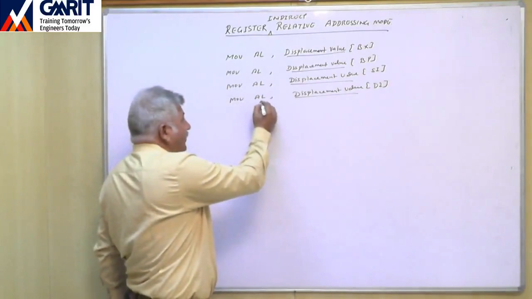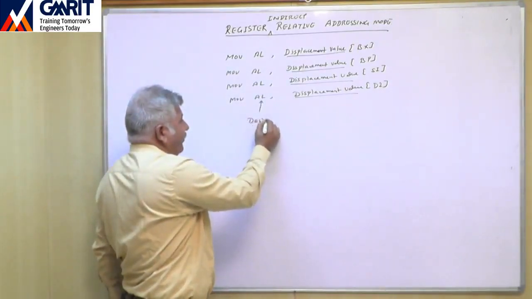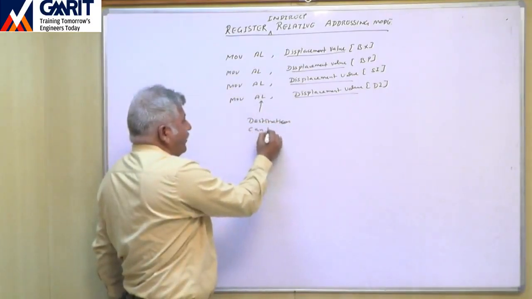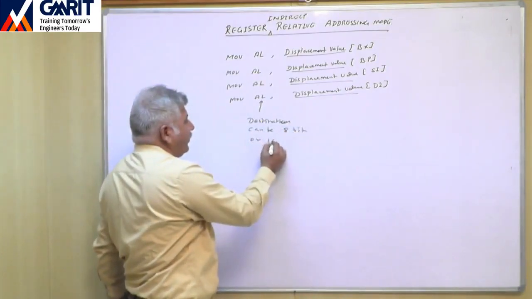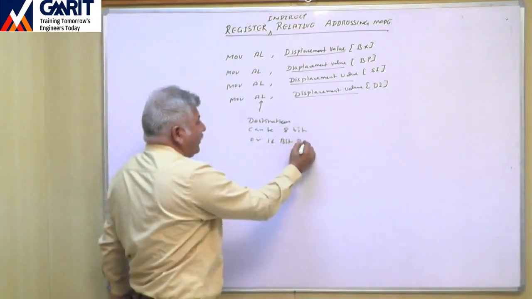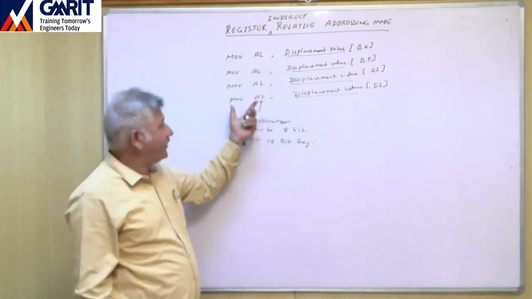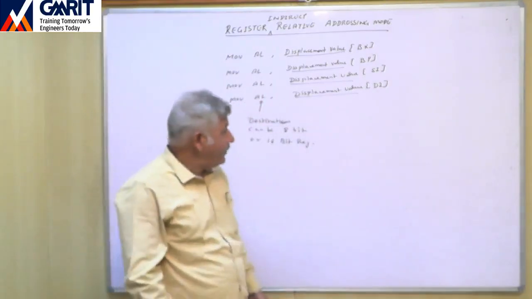Here this destination can be an 8-bit or 16-bit register, right? Just like previous cases, destination can be an 8-bit register or a 16-bit register.